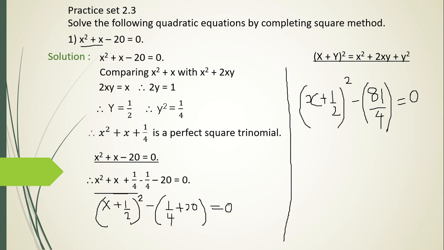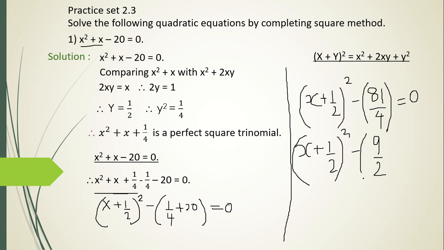So the next formula that I want is a² − b². I want to make use of a² − b². So this is a², the a² part is already ready. Now I want to make this b². You all know the root of 81 is 9, right? And the root of 4 is 2.